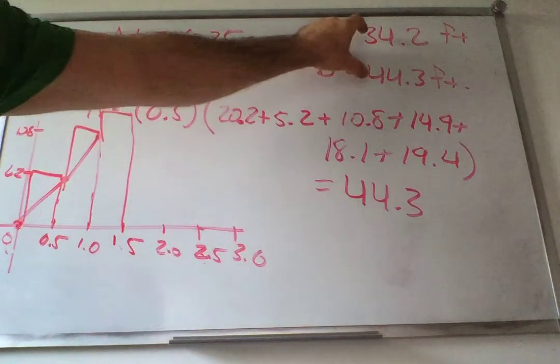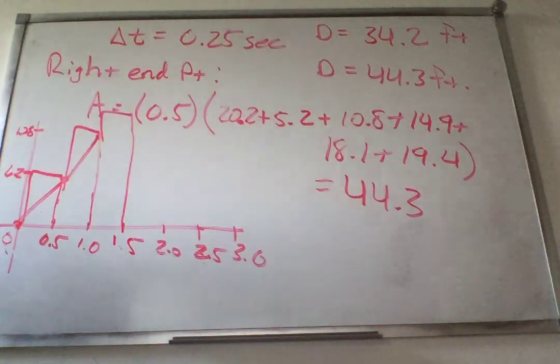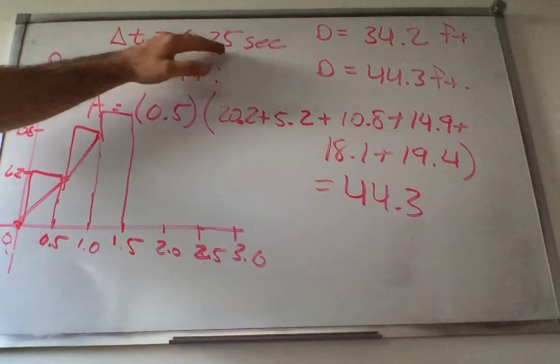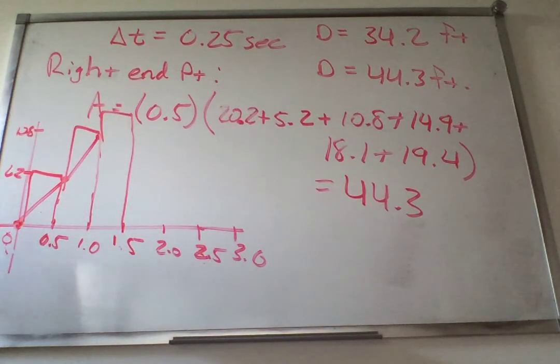And I would expect they would shrink a little bit, be a little bit above 34, a little bit below 44. If we keep making this smaller and smaller, we get closer and closer to the actual area. And that's going to be the theme for the next couple sections on how these areas are related to something called an integral.